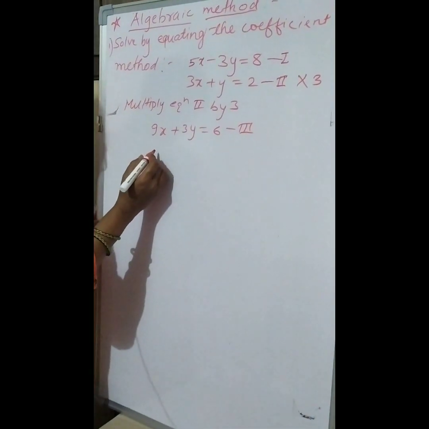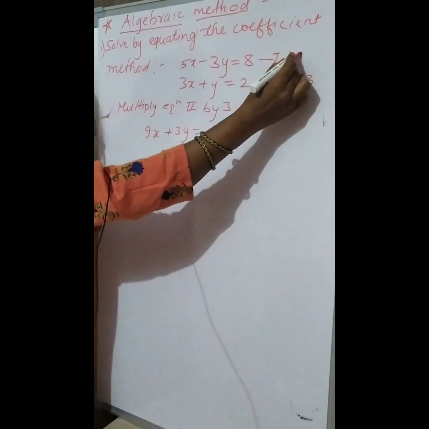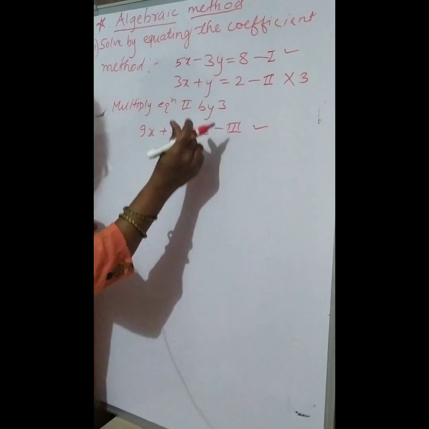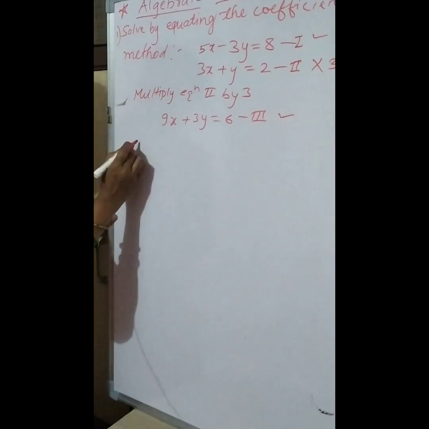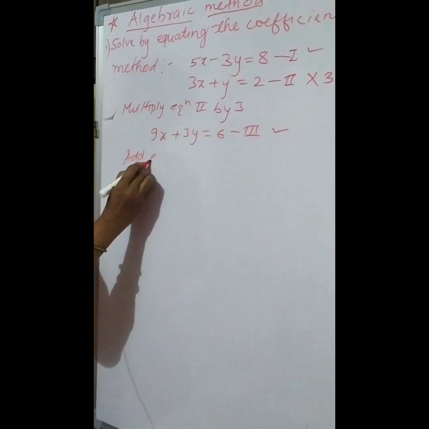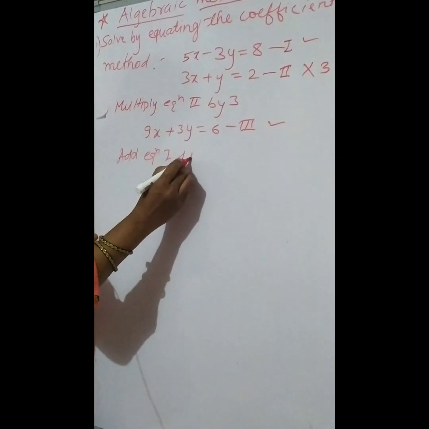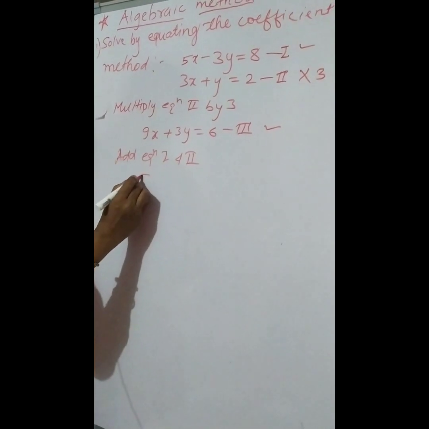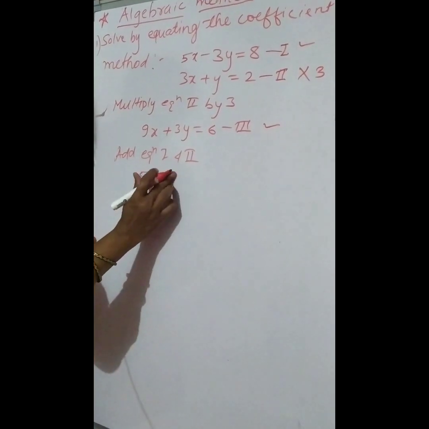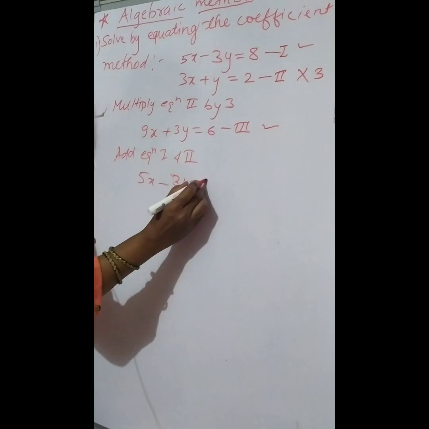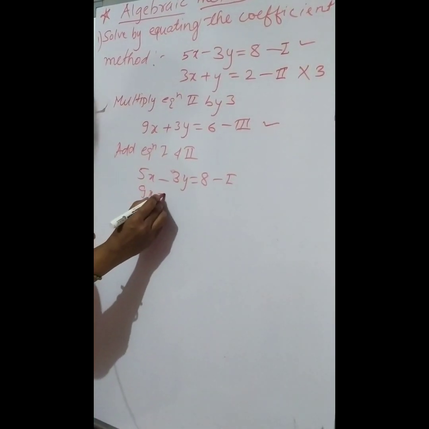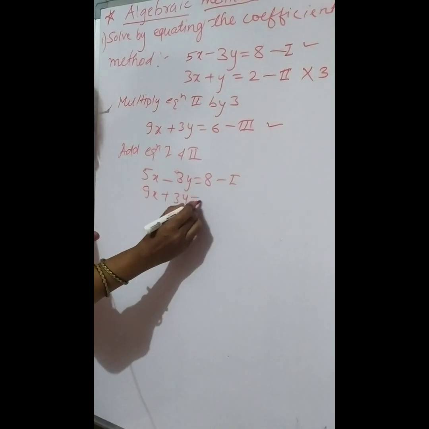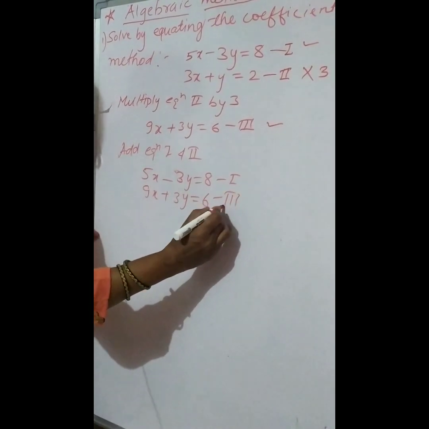Now take equation 1 and 3. Observe these equations 1 and 3. So to eliminate y, what will we do here? Just you have to add equation 1 and 3. So add equation 1 and 3. So 5x minus 3y is equal to 8, this is equation 1. Third equation, 9x plus 3y is equal to 6, equation number 3.